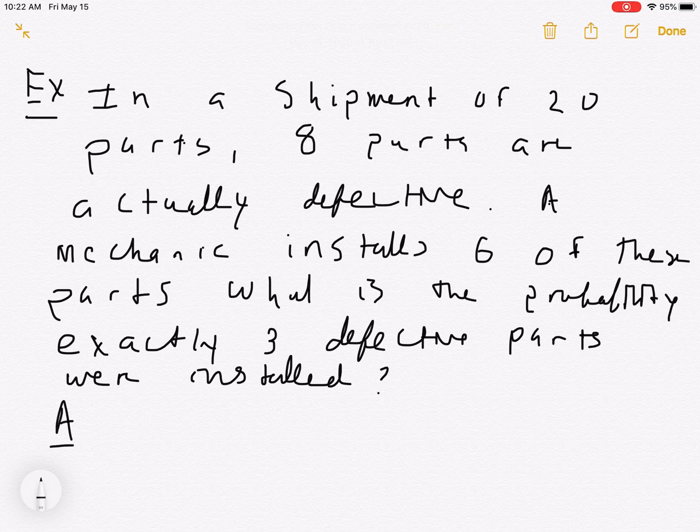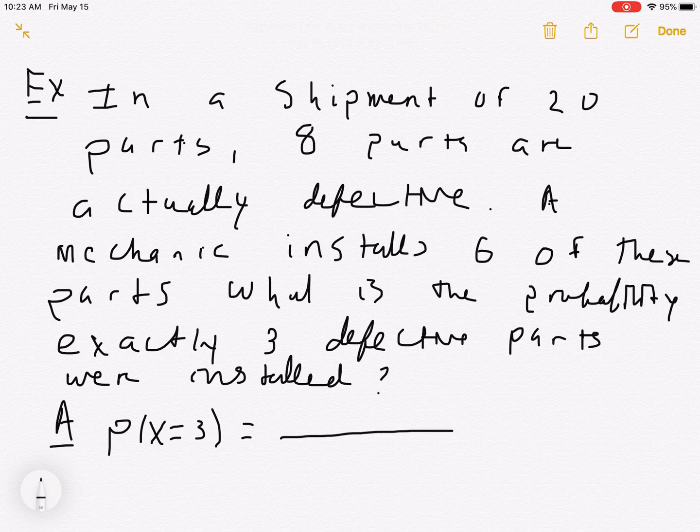Well, let's answer this question. And I'm going to just point out that here, I don't refer to the formulas, I just reason through the answer. So I want the probability X is equal to 3.